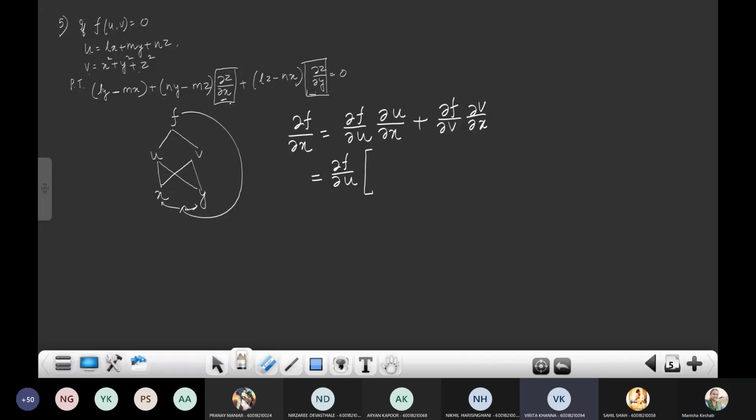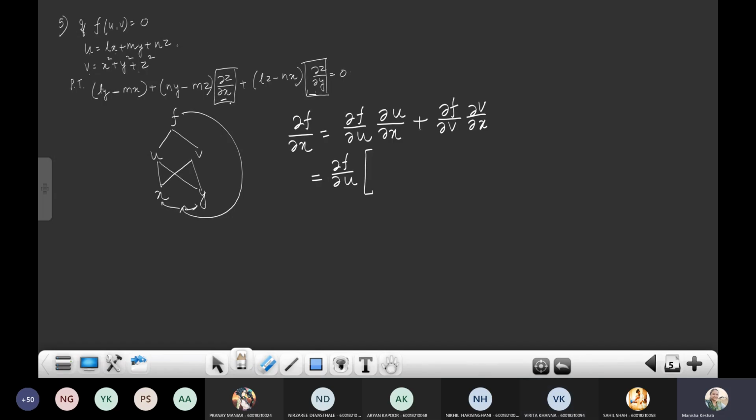Ma'am, but in the question they have not asked for del f del x, so why are we finding that? Because from the tree diagram we know that we can find del f del x and del f del y. So we have to start from somewhere, and we start from what we know.